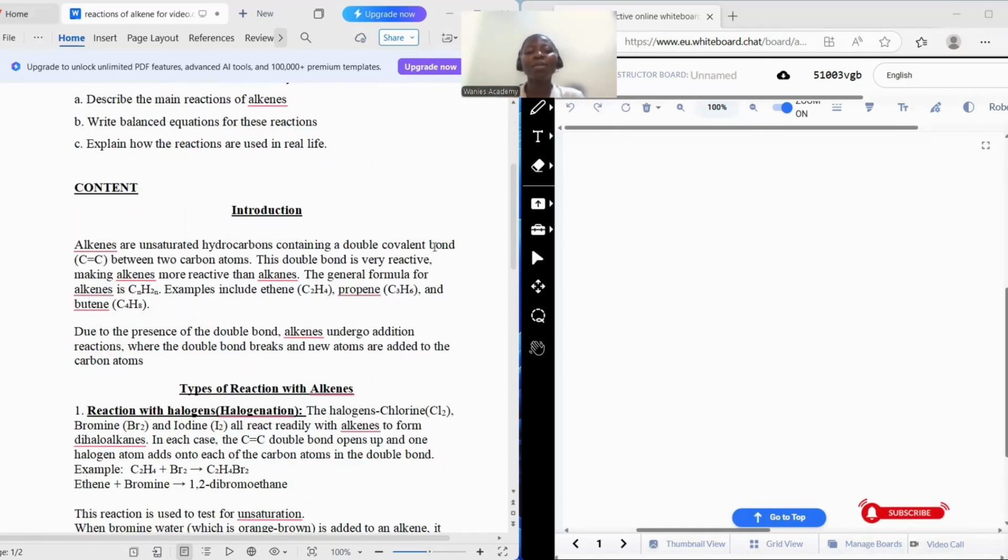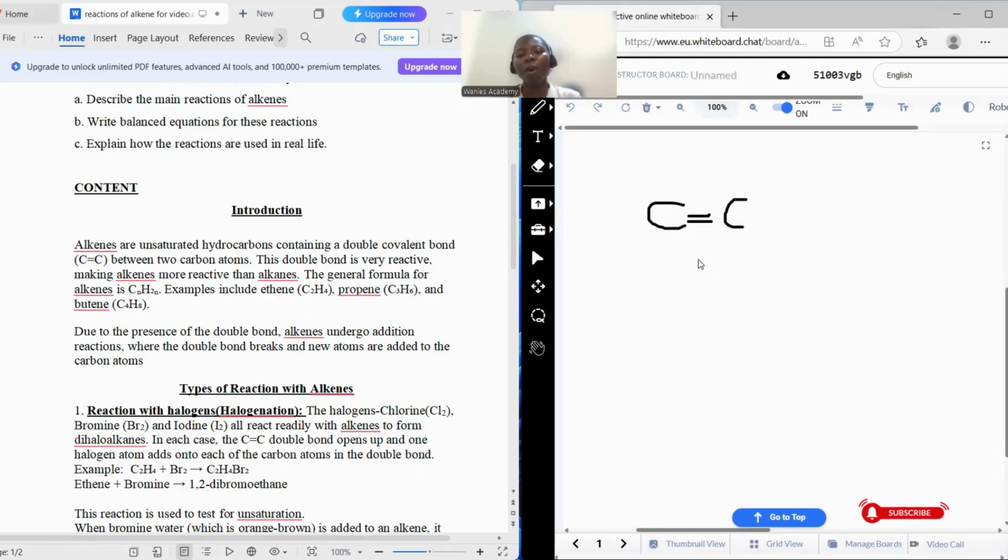Alkenes are unsaturated hydrocarbons containing a double covalent bond. We have C double bond C. So this double bond is very reactive. The double bond in alkenes makes them more reactive than alkanes.